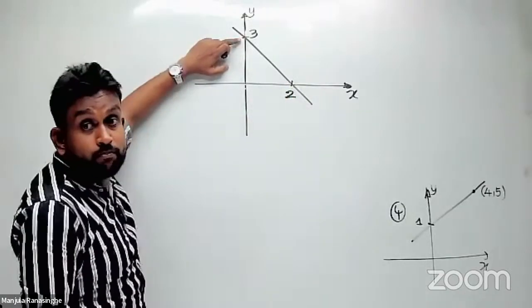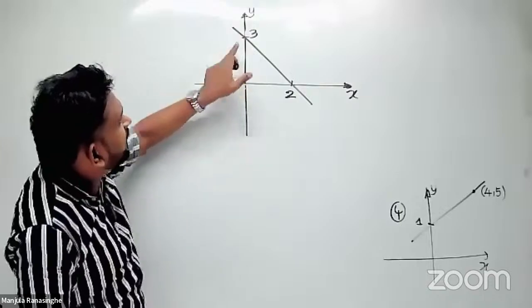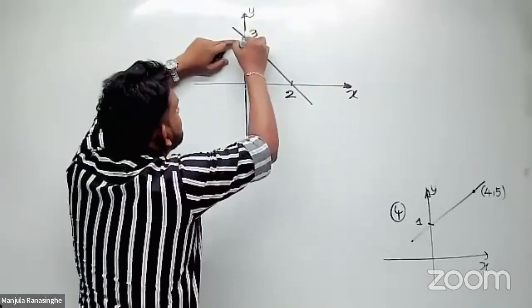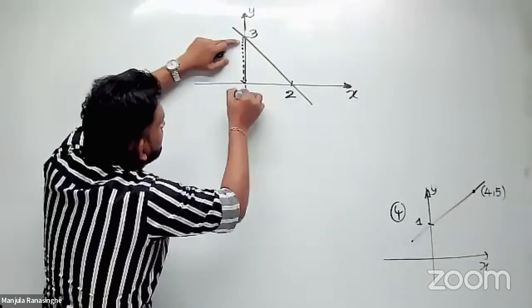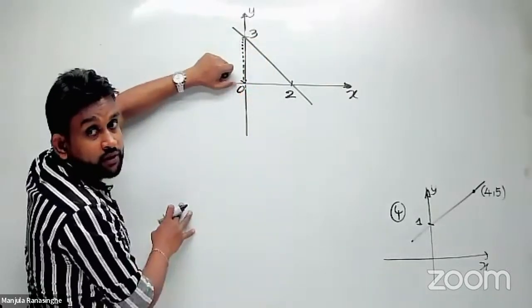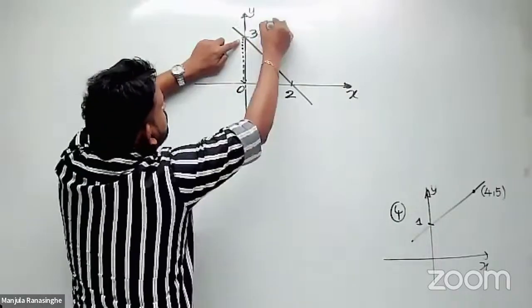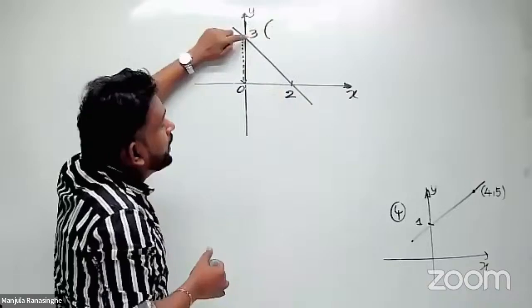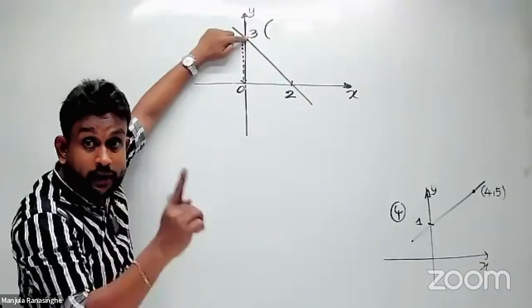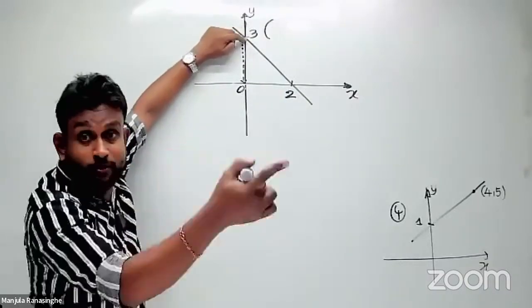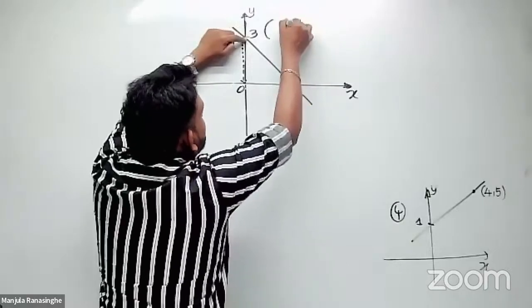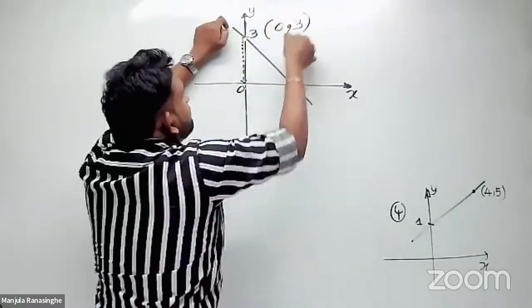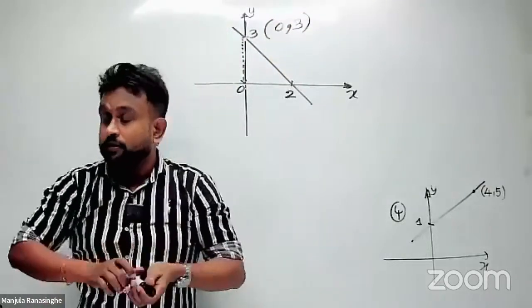And now remember, here the y-axis cut-in point. At that point, what is the x-coordinate? So the x value is 0. So now I converted this 3 as a point. How? Here y cutting value, y-axis cutting means y coordinate there. Y cutting, y coordinate given 3. Then what about the x coordinate? Connect to the x-axis, that is 0. Then 0, comma 3. Okay.